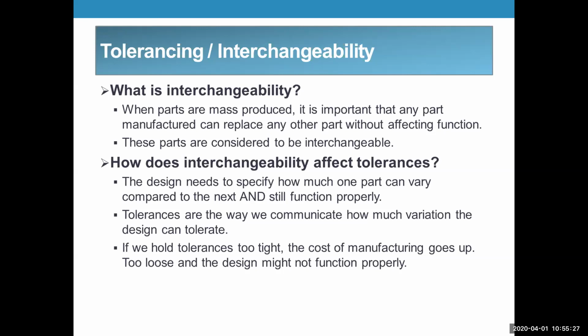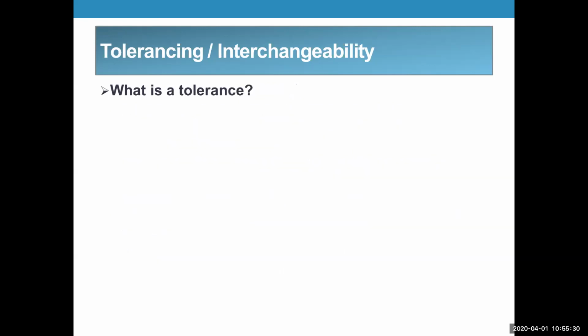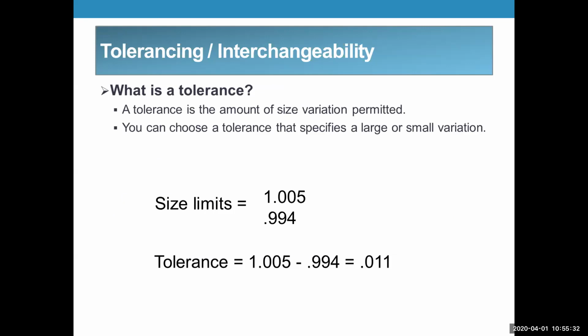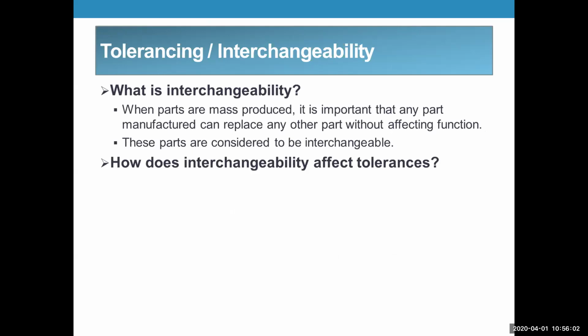So when we look back on the numbers that we saw before, if I have a shaft that comes in at this diameter, and the same shaft, same part number, comes in at this from somebody else, or the next one I pull out of the batch is this dimension or somewhere in between these two, they're still considered to be interchangeable. Even though there's that much variance, they'll still work within the assembly of the rest of the parts.